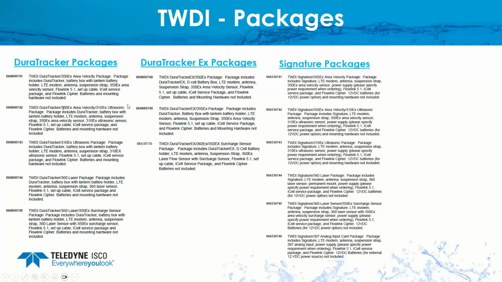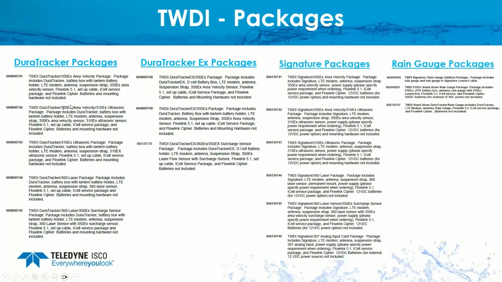So we've got everything here from DuraTracker packages to the DuraTracker EX packages. We have signatures and we have the rain gauge packages. And you can see here each part number is individual, depending on what you want included in there. So this particular one here, I have a DuraTracker with a 350 EX and a 310, so I have an AV sensor with an ultrasonic.